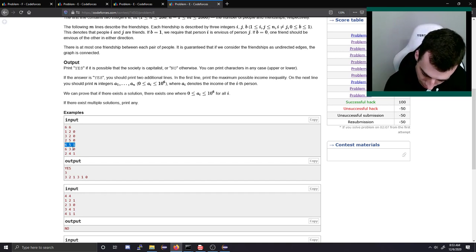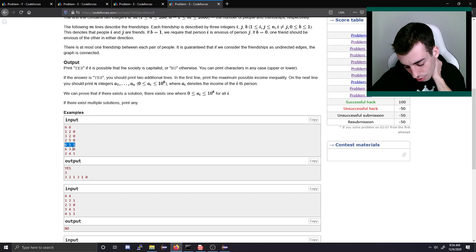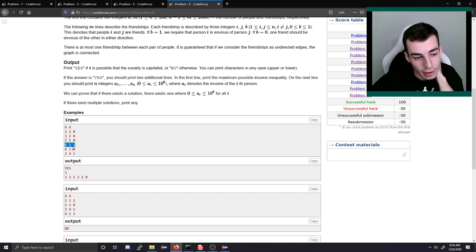That's fine, that's fine, that's fine. Yeah, so this works, this works, this works, this works. That's okay. That's also okay. So that's a solution with a inequality of not very much.